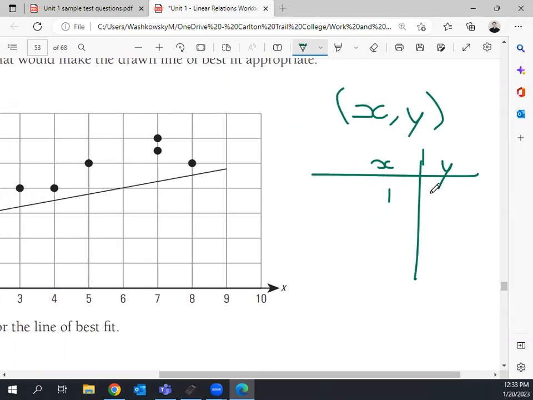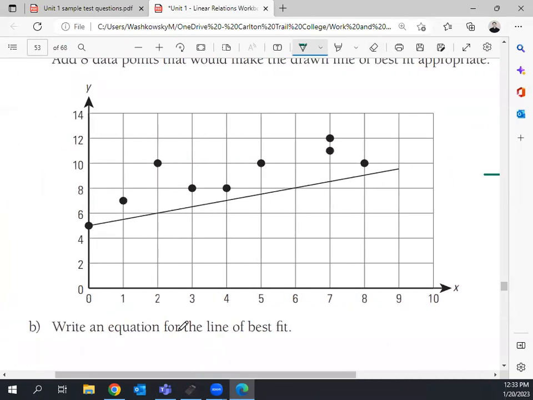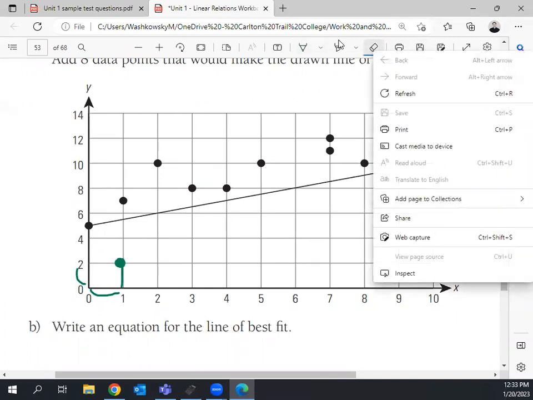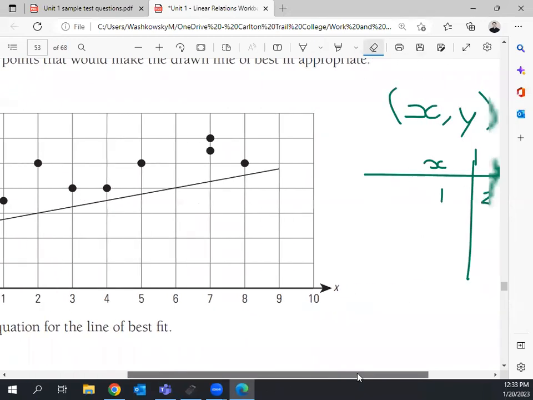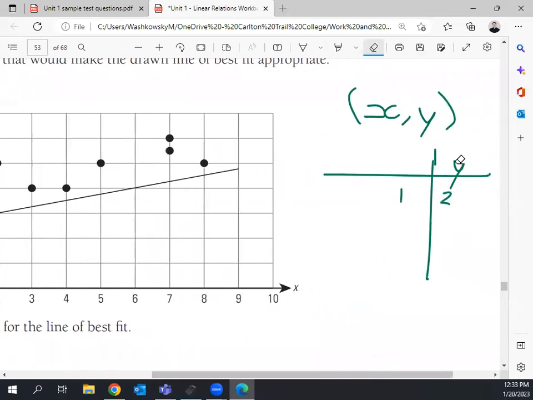So if I had the point (1, 2), I would go to 1 on my X, then go to 2 on my Y and plot my point there. X comes first. Now, if you do a table of values where you put Y first, you just have to pay really close attention when you go to plot your graph.